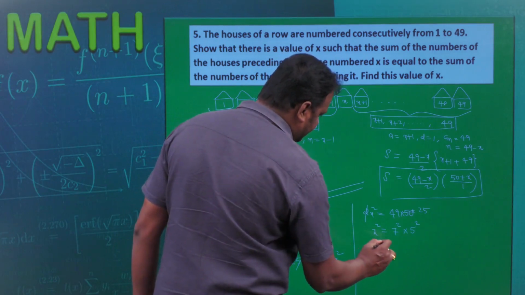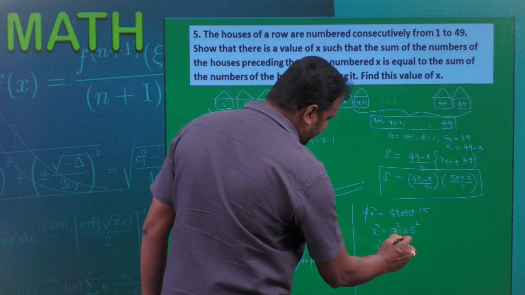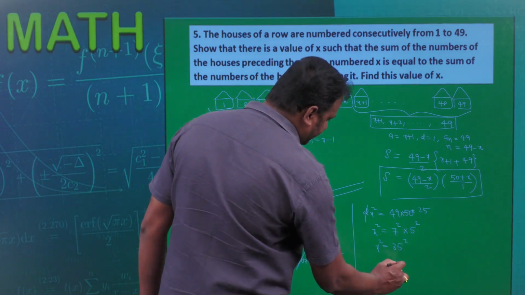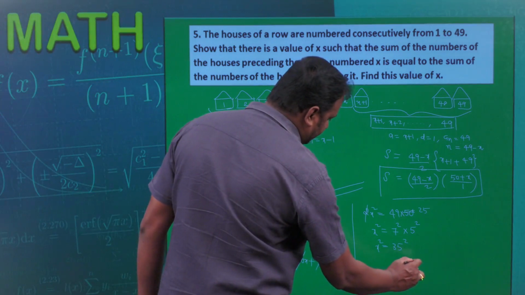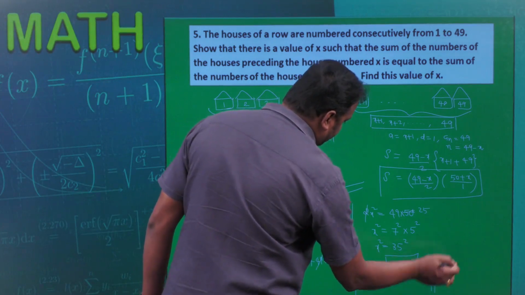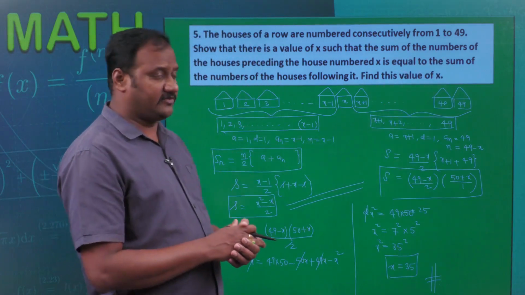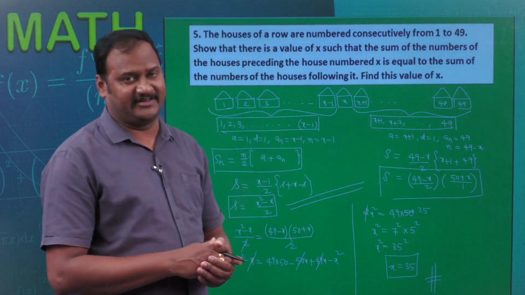So x square is equal to 7 square into 5 square is equal to 35 square. x square equal to 35 square, then you can write x is equal to 35. Therefore, the total number of terms are 49. According to the given problem, the required value of x is 35.